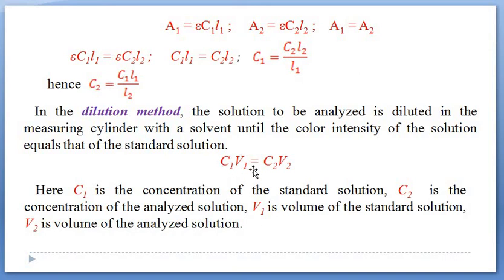The concentration of the first solution multiplied by the volume of the first solution equals the concentration of the second solution multiplied by the volume of the second solution. Here C1 is the concentration of the standard solution, C2 the concentration of the analyzed solution, V1 the volume of the standard solution, V2 the volume of the analyzed solution.